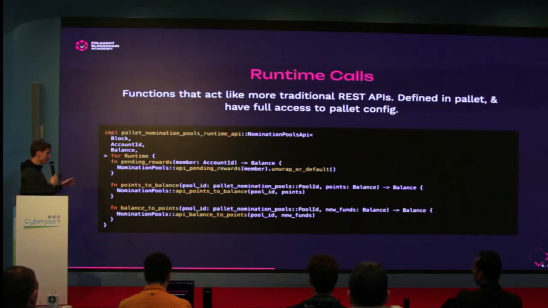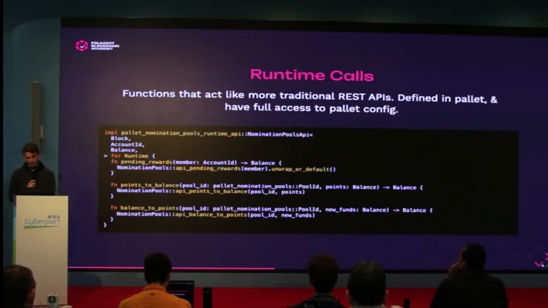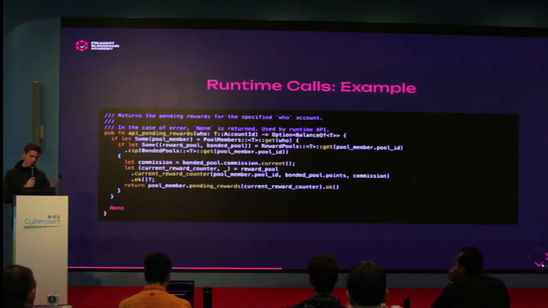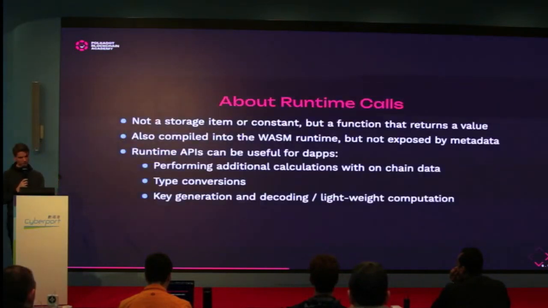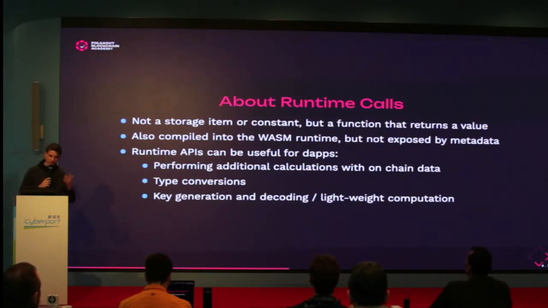So rather than having this logic on the Dapp's side, it probably makes more sense to keep it on your pallet side. This is an example, so it's more like a traditional function, rather than pointing to a storage key. Yeah, I covered most of this: additional calculations, type conversions, key generation and decoding, lightweight computation.